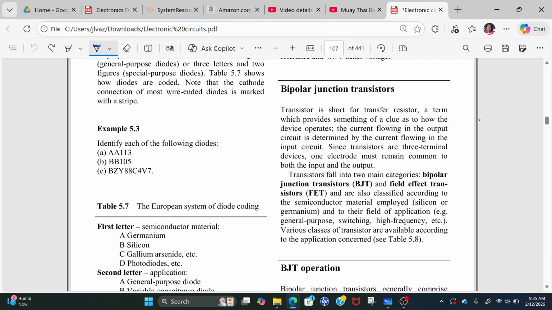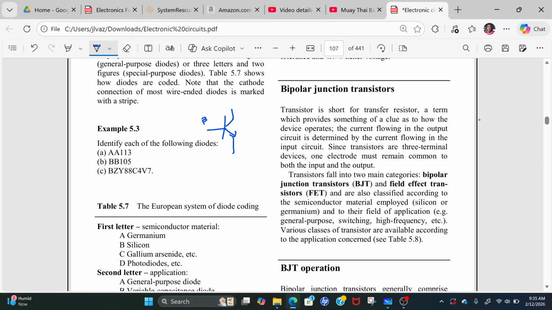Since transistors are three-terminal devices, one electrode must remain common to both the input and the output. So if you look at the transistor, it looks something like this. What it means is that one electrode must be common to both the input and the output.